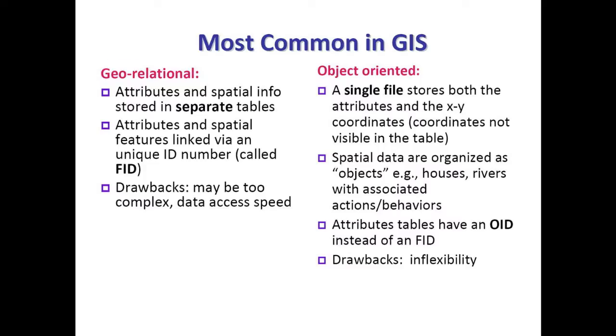Okay. So in GIS, as we said, relational are the most common. Those where you have ID numbers that we're using to query between different tables, different attributes. And typically we're using that object-oriented table as well, where you have a file that's going to store your spatial information and your attributes.